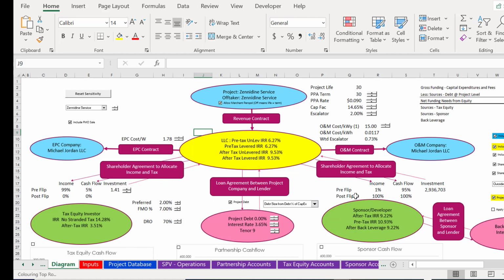Now, if we put debt in the project, this time we put 51%, maybe we can put even a higher amount of debt. Then, by this time the sponsor investment is going really, really low. Now, the problem with putting debt at this project level is these tax investor cash flows are suddenly a little bit subordinated to the debt.